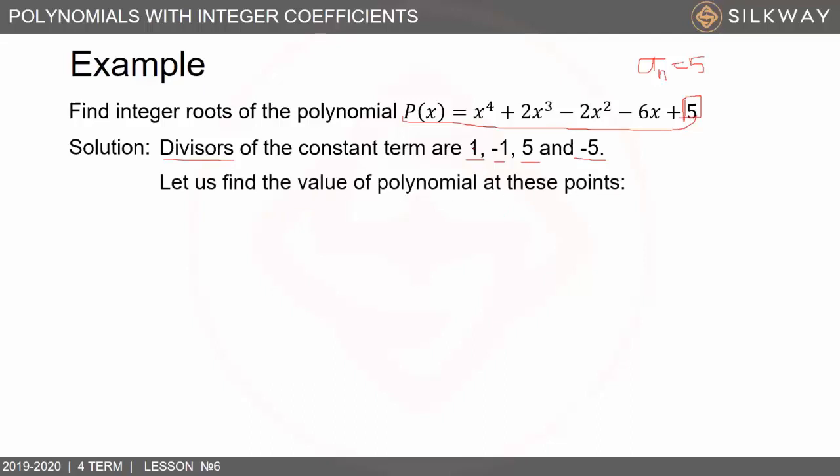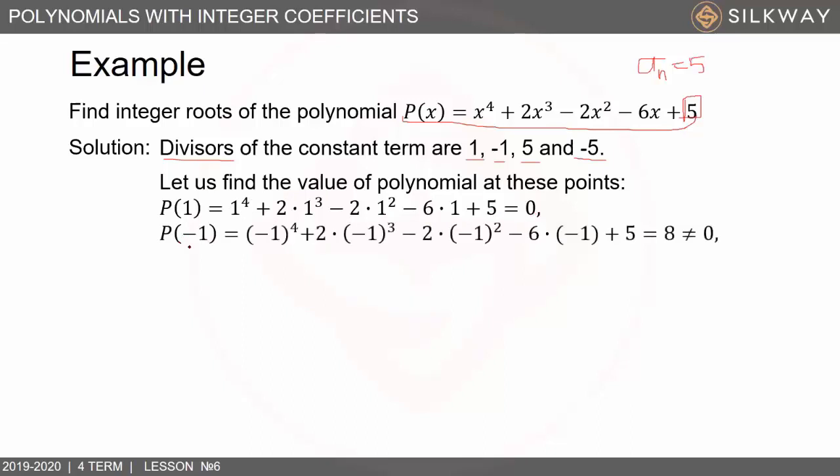We put these numbers into this polynomial, yes? Look, if we put 1, here will be 1 to the 4th power plus 2 multiplied by 1 cubed minus 2 multiplied by 1 squared minus 6 multiplied by 1 plus 5 equal to, if you solve this expression, you'll have 0. Okay, next one.